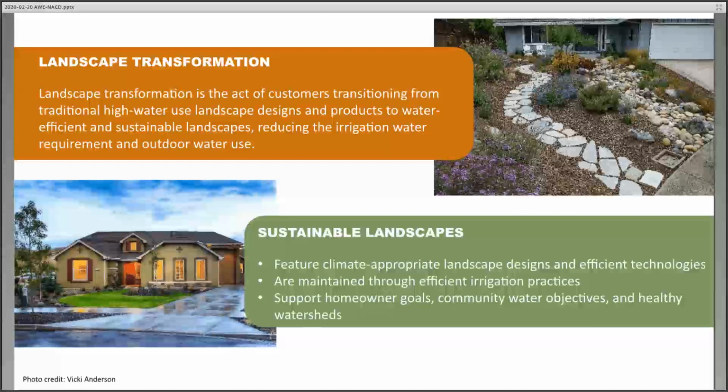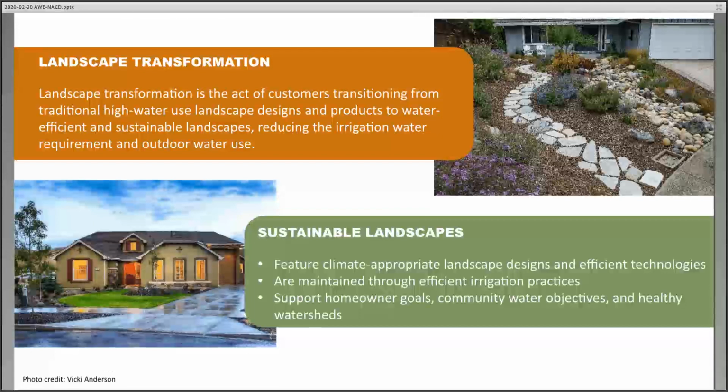So landscape transformation is the term we used through this project, and it simply means the act of a customer transitioning from a high water using landscape and how it's designed and switching over either to a new design, like you see here in these pictures where a lot of the turf has been removed and replaced with climate appropriate plants, or maybe just switching to irrigation equipment that's more efficient.